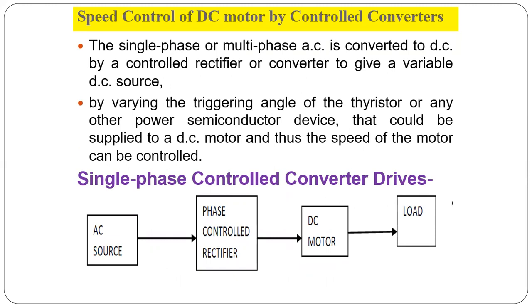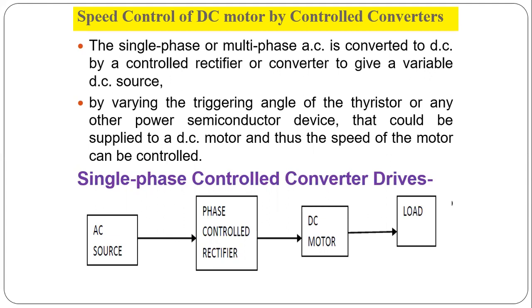In that we can get variable DC supply from fixed AC by varying the triggering angle of the thyristor or any other power semiconductor device, which could be supplied to a DC motor, and thus the speed of the motor can be controlled.